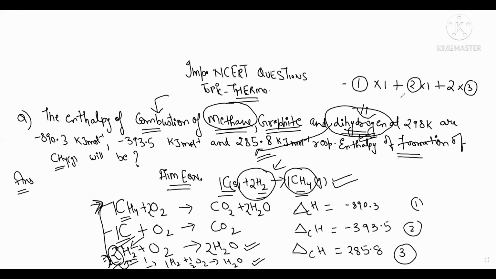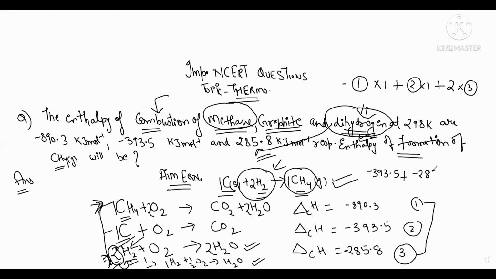Now you just have to solve this. So you have the values of all these 3 equations, like second equation multiplied by 1 will give you minus 393.5. Second equation multiplied by 1. Okay, now third equation multiplied by 2. Third equation is also in negative sign because these all are enthalpies of combustion.